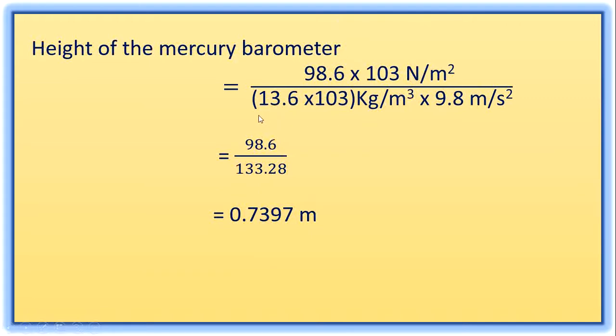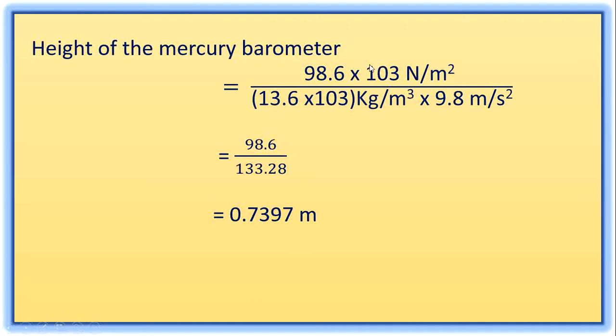That is, height of the mercury barometer is given as 98.6 into 10 power 3 Newton per meter squared, 13.6 into 10 power 3 kilogram per meter cube into 9.8 meter per second square. So 98.6 by 133.28. When we divide this, we get 0.7397 meter. The atmospheric pressure value is given as 98.6 kilopascal, so we have to write kilopascal as Newton per meter square.